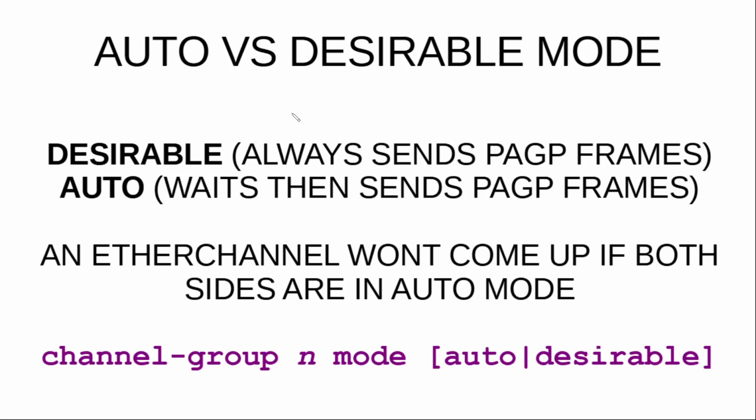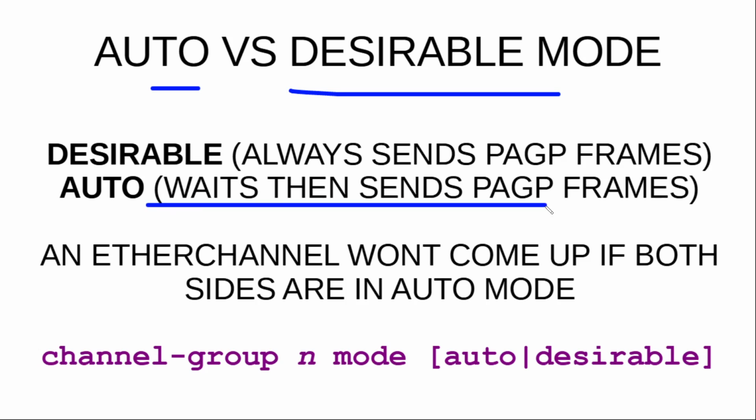Now, PAgP uses two modes in order to negotiate whether a port channel will come up: auto and desirable. Desirable always sends PAgP frames. Auto waits for frames to arrive before sending PAgP frames. So an Ether channel will never come up if both sides are auto.